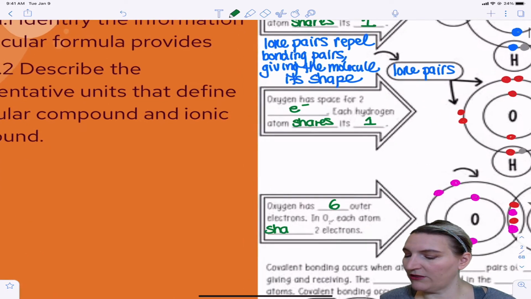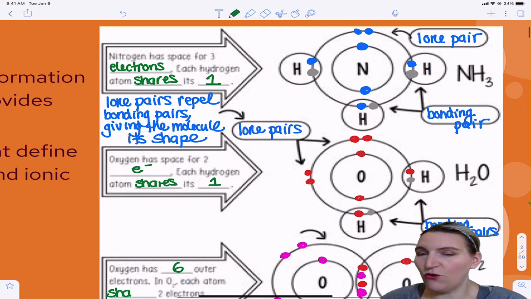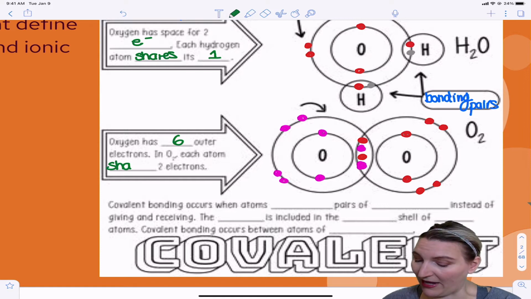If you look at this graphic over here, you can see a few examples of molecules that exhibit covalent bonding. But let's start by going through the overall definition of covalent bonding that we probably studied in years past.